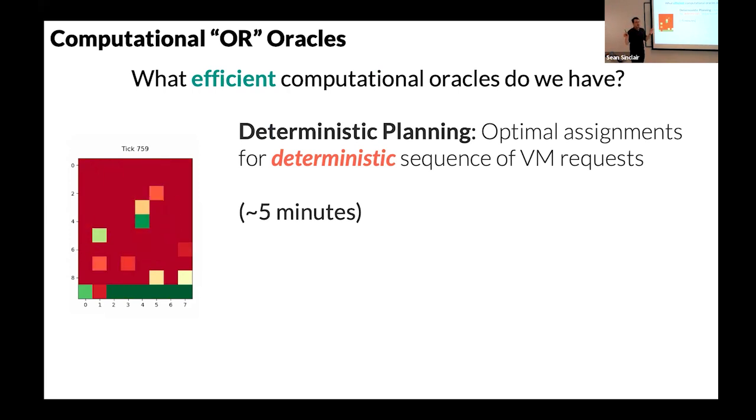But what if I told you the jobs in advance, okay? So I had some oracle that said the next 50 jobs that are going to come to the system look like type A, type B, type A, type C, type A, and so on. Okay, can we solve that problem? Right?